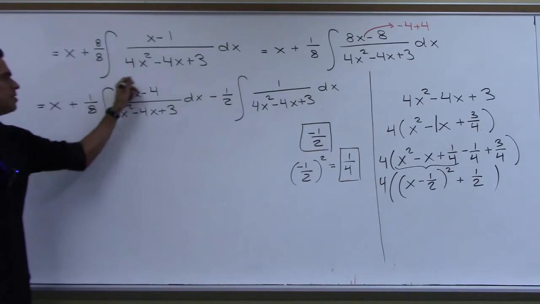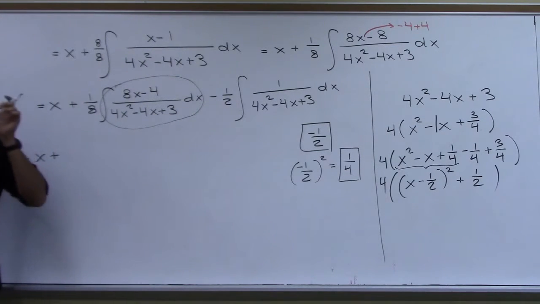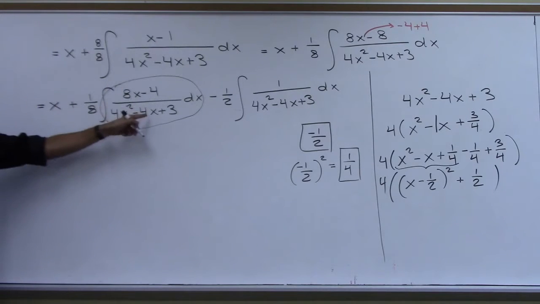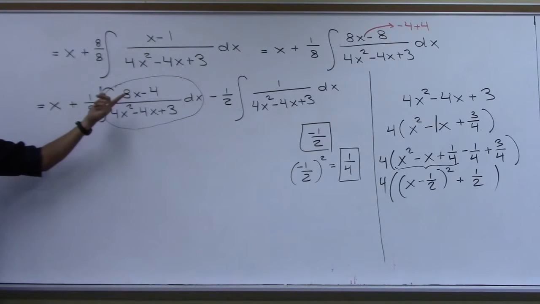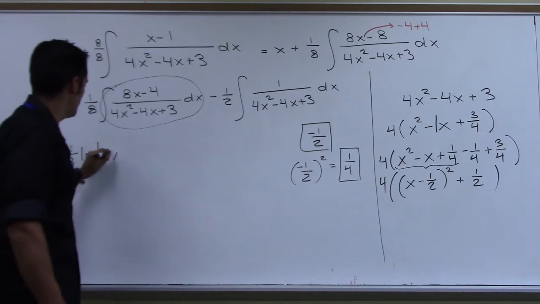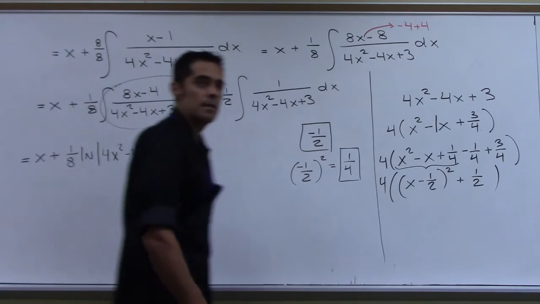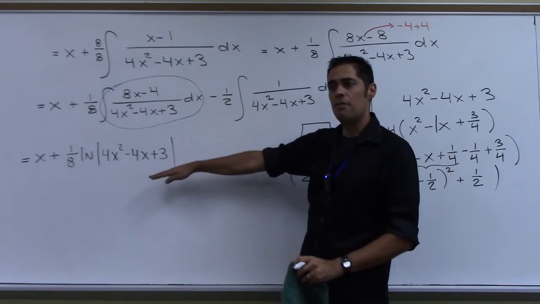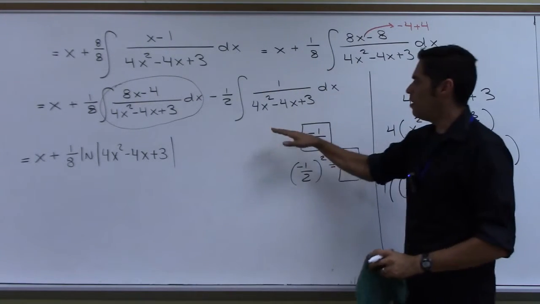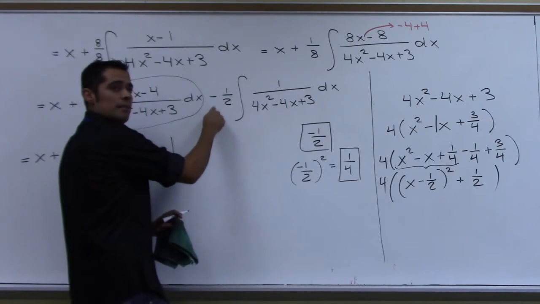Oh, by the way, what was the antiderivative of this? Because of the way we designed it, this is 1 over u, right? So ln. So we should have 1/8 natural log of the whole u, right? 4x squared minus 4x plus 3. Okay, so that integral is taken care of. This one, we had a negative 1/2 out here, right?